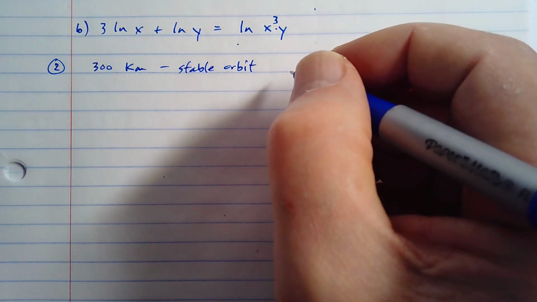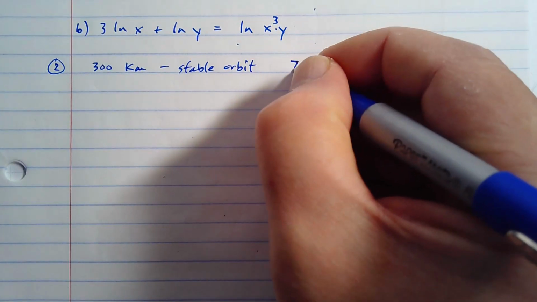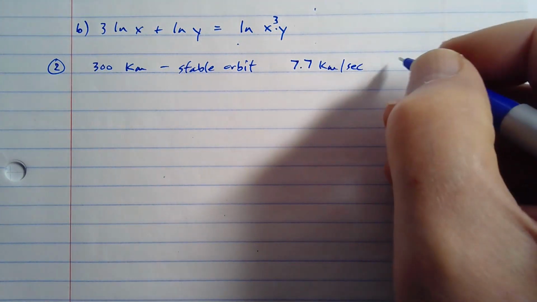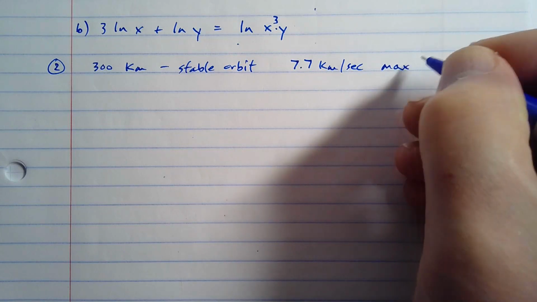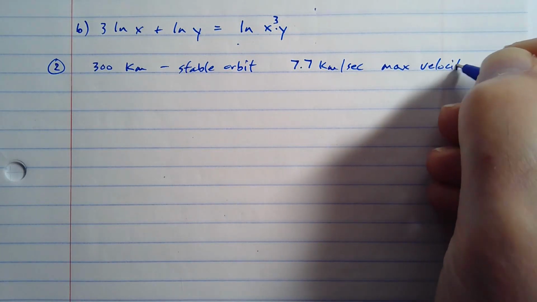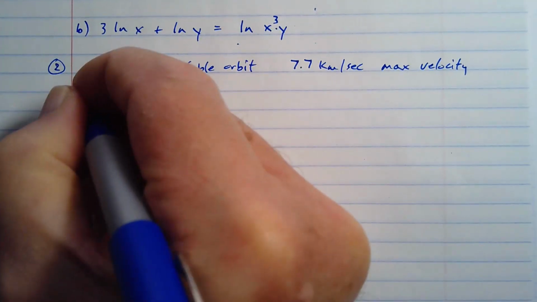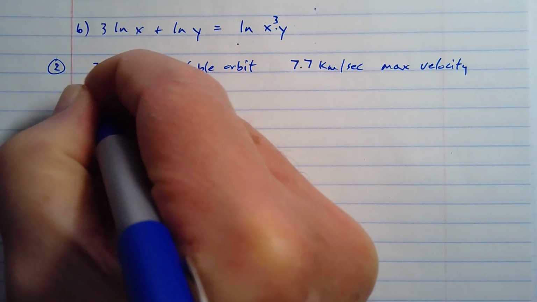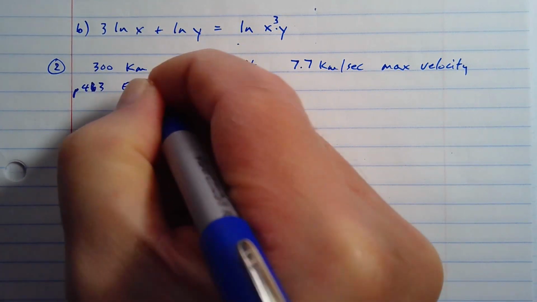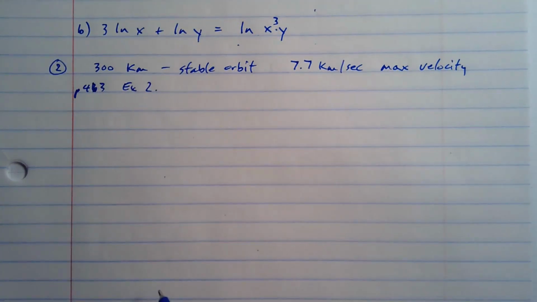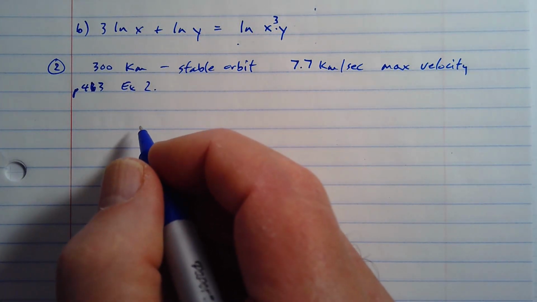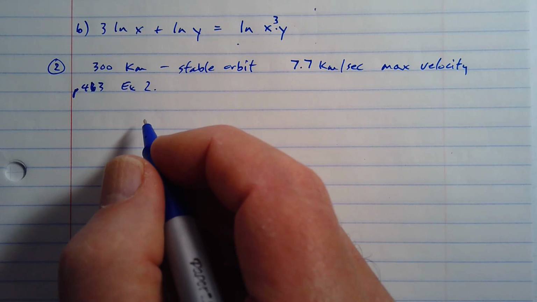And they also tell us that we need to get 7.7 kilometers per second for our maximum velocity in order to get up to 300 kilometers. So if you look on page 463, example 2, it goes through the same equation that I'm going to show you here, but just different numbers. So I'll just give you a second example to work with.